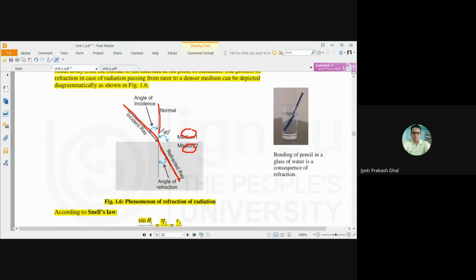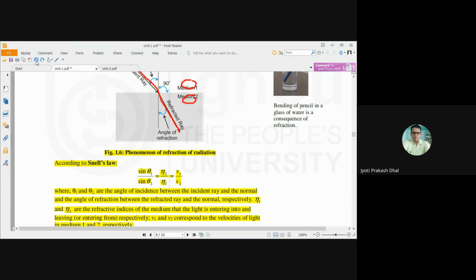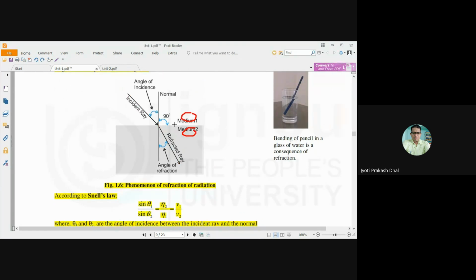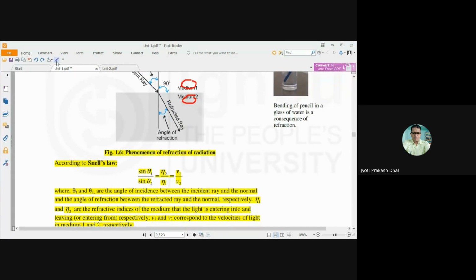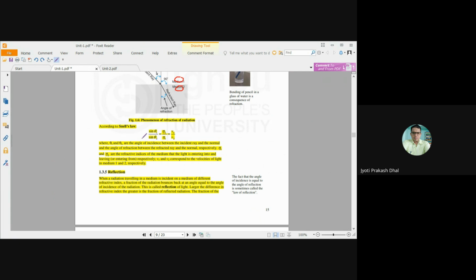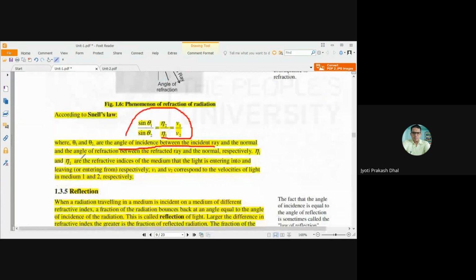And suppose this is the normal to both the media. As you can see from the figure, according to Snell's law, sin theta 1 by sin theta 2 equals eta 2 by eta 1, which equals v1 by v2, where theta 1 and theta 2 are the angle of incidence between the incident ray and the normal, and the angle of refraction of the refracted ray. Eta 1 and eta 2 are the refractive indices of medium 1 and 2.